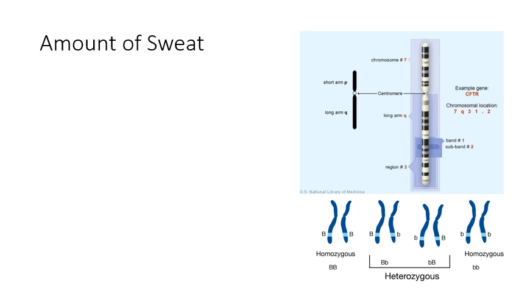All right, let's take a look at the image on the right-hand side of the page, and I'll go through a few notations here for individuals who are interested in starting to develop some knowledge in genetics. Like I said, the amount of sweat is produced by another gene. It's referred to as the CFTR gene. We see that right here. And then underneath we see some numbers and letters.